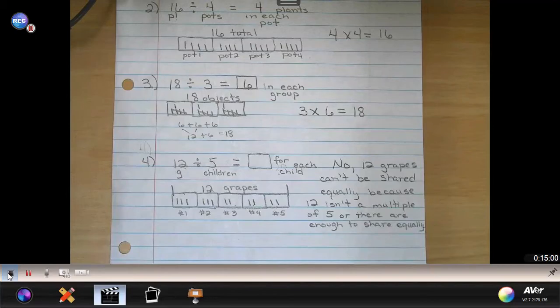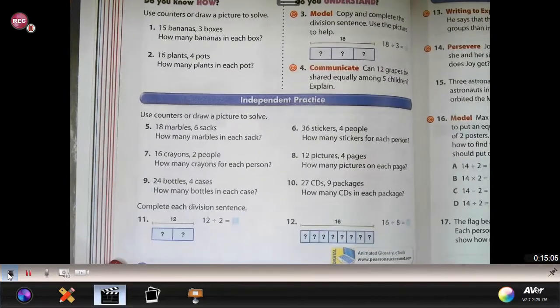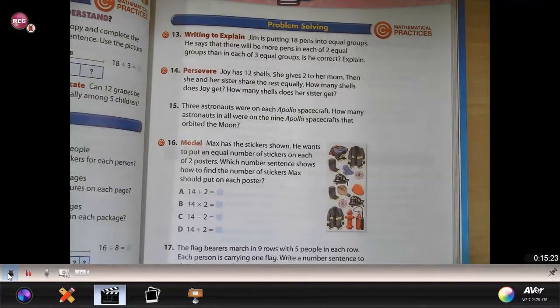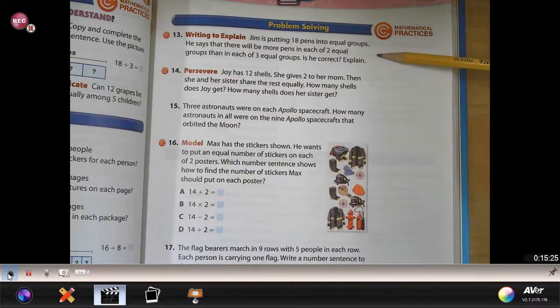So that's getting you started for today. You're going to continue your lesson and working on your problems on these 2 pages. So you're going to show your work. You're going to do 5 through 12 here on page 172. Then on page 173, you're going to write to explain.